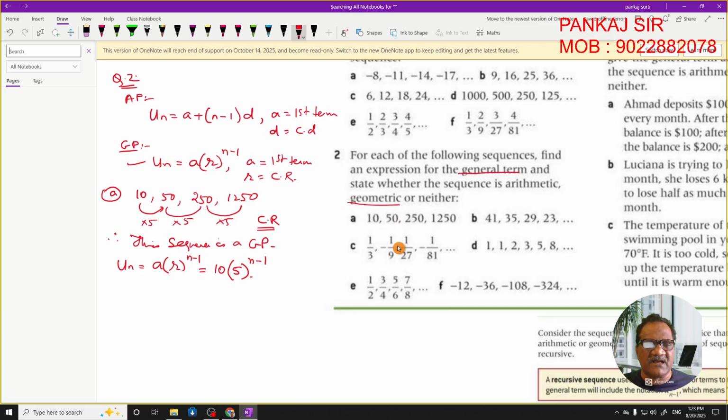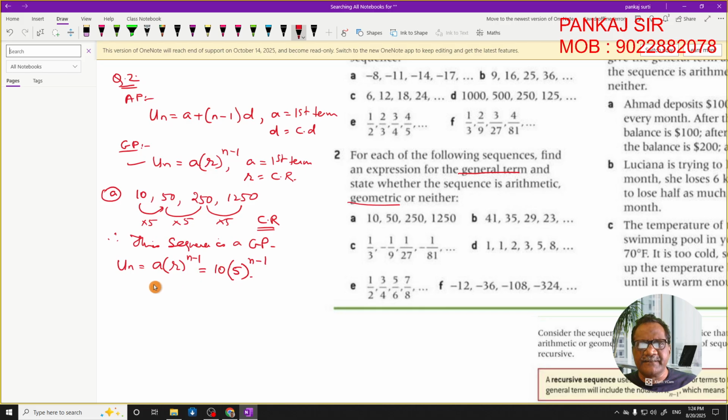So it's a GP, and the general term will be 10 into 5 raised to n minus 1. This can be simplified further, but it's okay if you leave the answer like that.